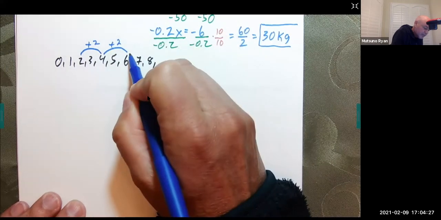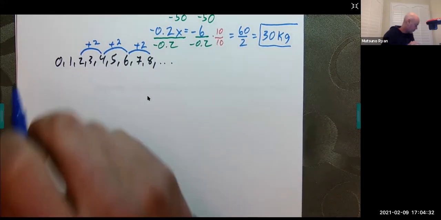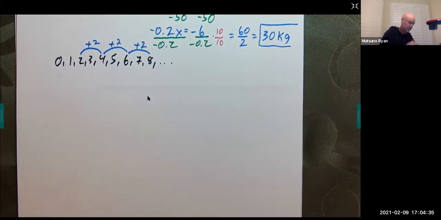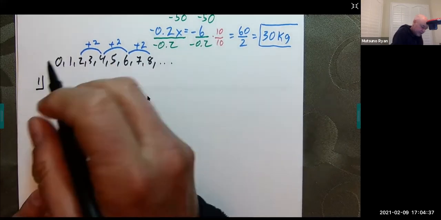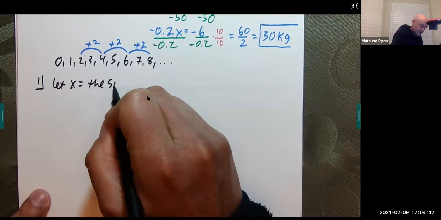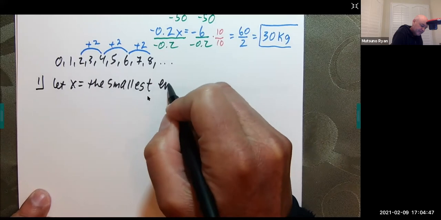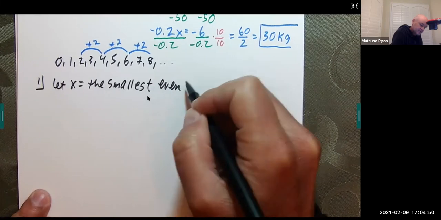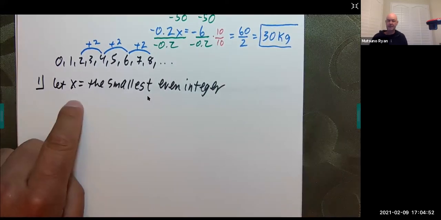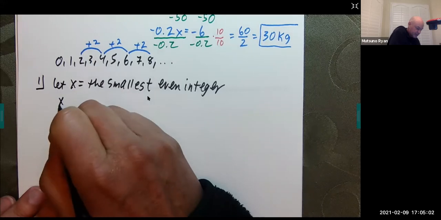Add 2, add 2, and so on. So for number 1, I'm going to let x be the smallest even integer. Notice how I'm defining my unknowns every time. All right, now this means that the next even integer is going to be x plus 2.